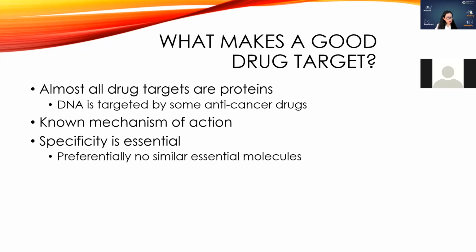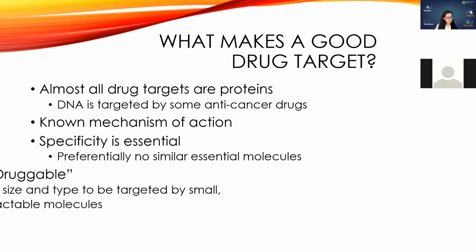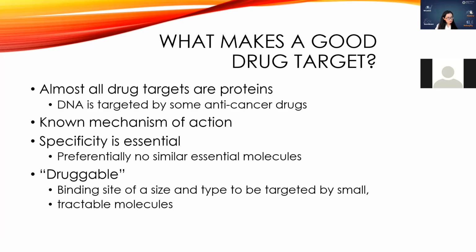There should be no other similar molecules that do the same thing inside the human body, to avoid side effects. And it should be druggable. That means the binding site should have a size and type that can be targeted by small and tractable molecules. So the pocket should be friendly enough for the small molecules to sit inside the cleft of the protein.